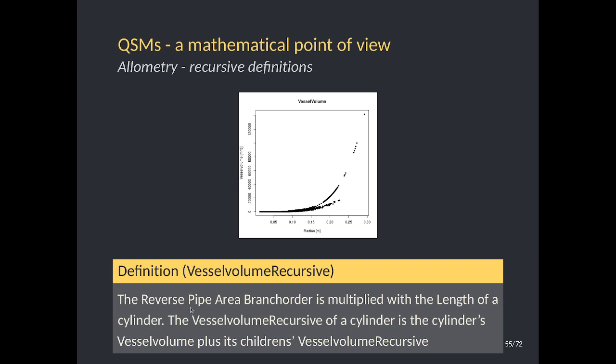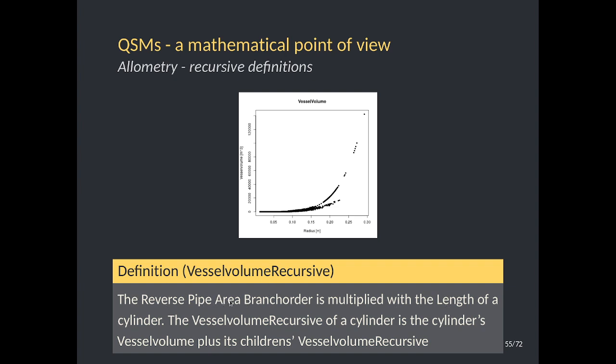So we talked about the reverse pipe area branch order, and if we multiply, this is a predictor for the radius, but it's just a predictor, and it's more stable than the actually modeled radius, at least at the twigs. So the predictor is better than the true measure for the radius.